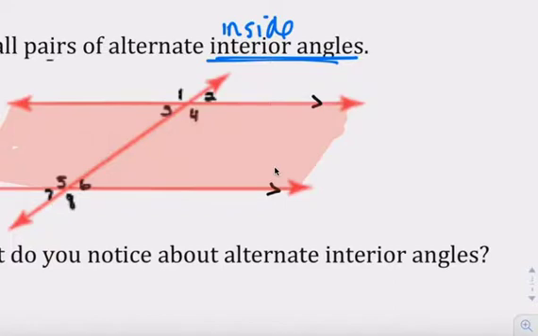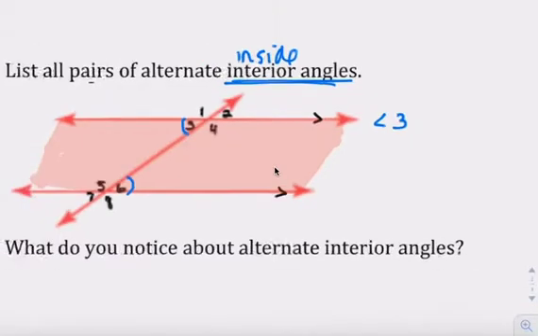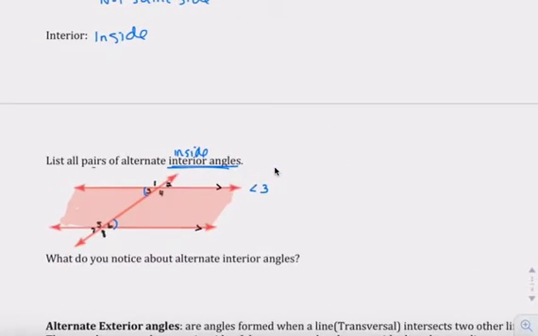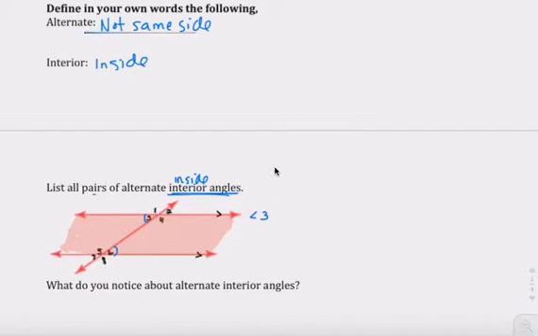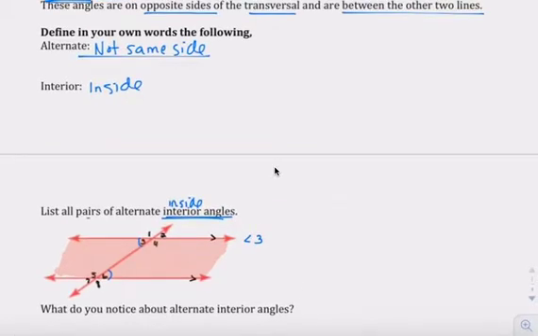Okay, let's say angle 3. Alternate interior, angle 3. Alternate interior, so not angle 5, it's angle 6. They're on opposite sides, not on the same side. Alternates are not on the same side, they're on the opposite side.